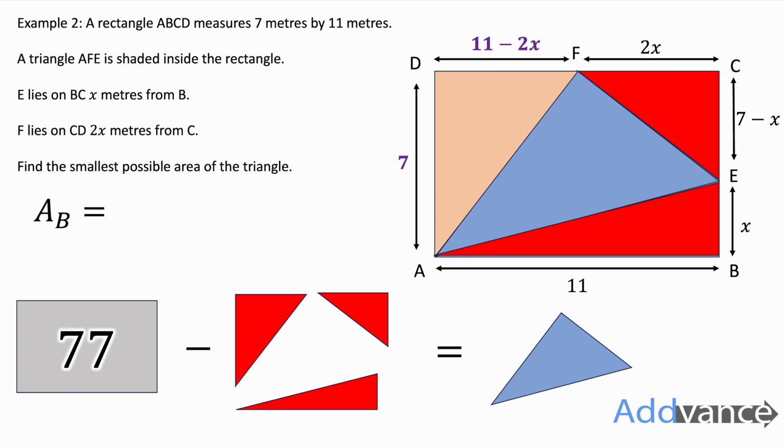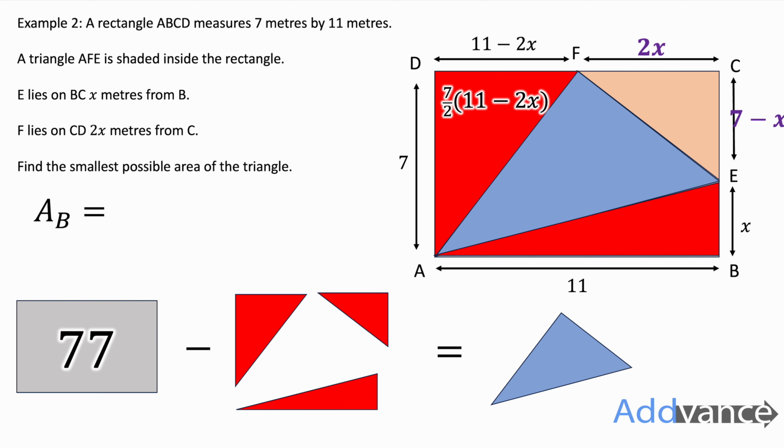So let's start with this orange triangle, and that is 7 meters up and 11 minus 2x across. Just look at that, 11 minus 2x. I got that from seeing that the full length is 11 and it's 2x on top. 7 times 11 minus 2x divided by 2 is the area of this triangle, base times height divided by 2.